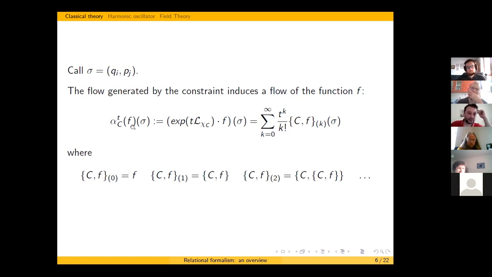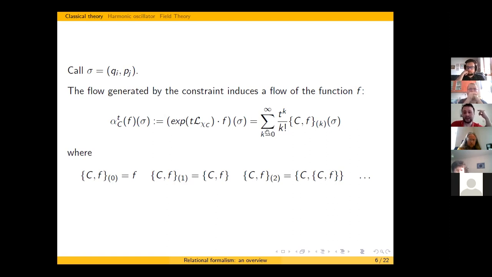And so the flow associated to this f is defined as the exponential map of t, which is a parameter, not exactly a proper physical time, just a parameter. And with L here, we have the Lie derivative along this Hamiltonian vector field associated to the constraint acting on the function f.